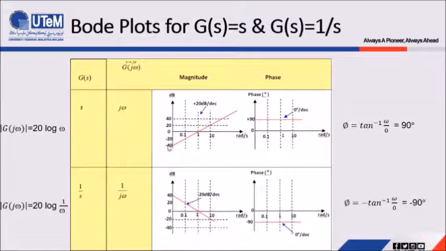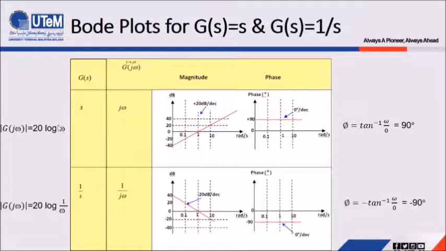In order to draw this line, we put any value for omega as long as it is not equal to 0. So we put a small value first, for example 0.1. If we put 0.1, the result becomes negative 20. That means at 0.1, the magnitude is at negative 20.